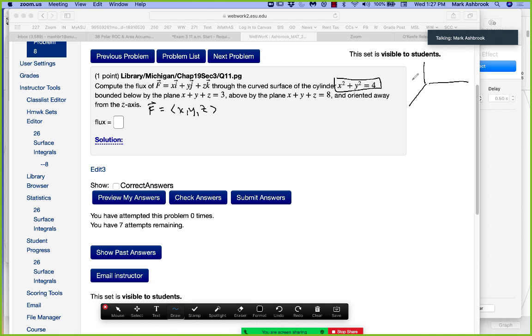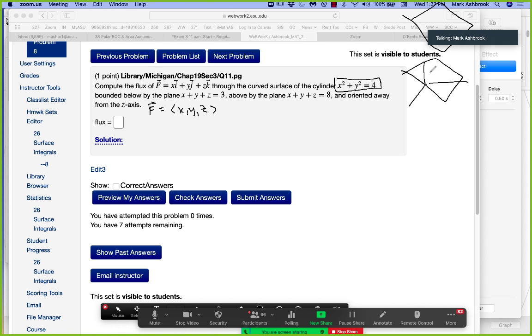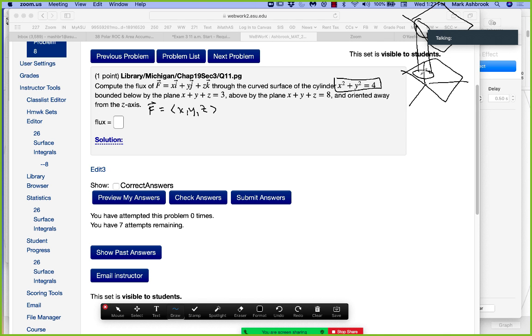It's going to be between x plus y plus z equals 3 and x plus y plus z equals 8. So we're going to have this cylinder parallel to the z-axis, and those planes should be parallel.